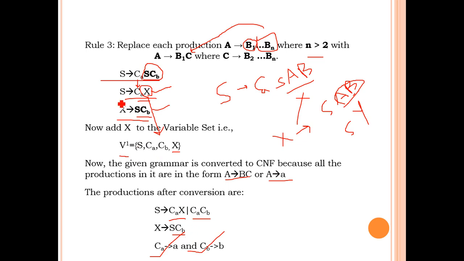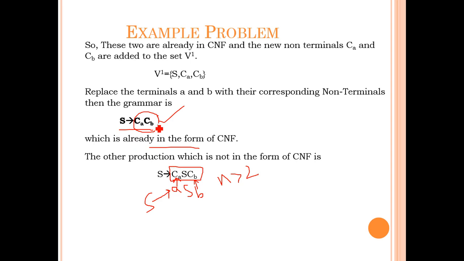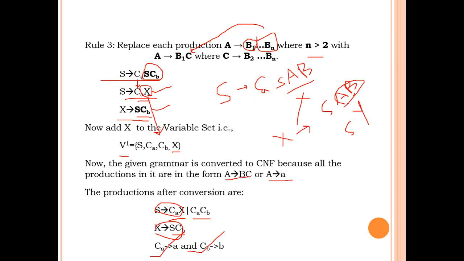So this is S tends to CA X. Next, X tends to S CB. And the previous production, S tends to CA CB. You can write all those productions in one place, and all must be in the form of either A tends to BC or A tends to a. Then only you can say the given grammar is in Chomsky normal form. Thank you.